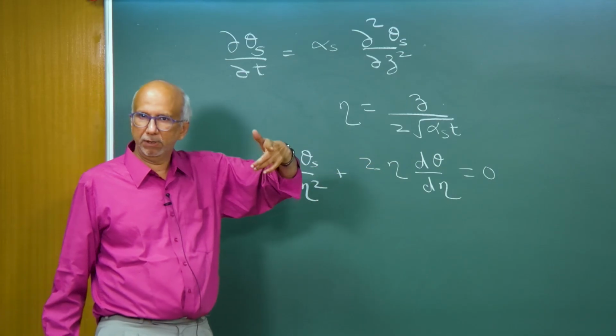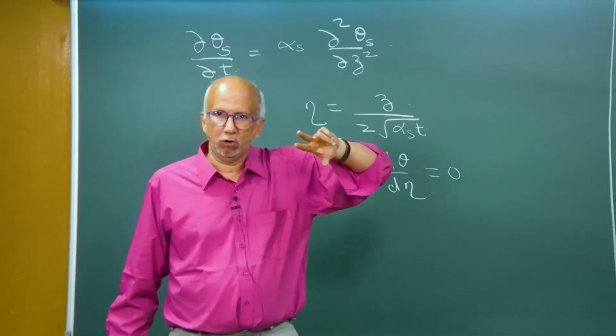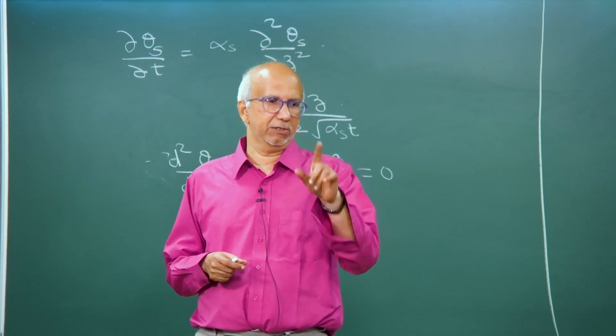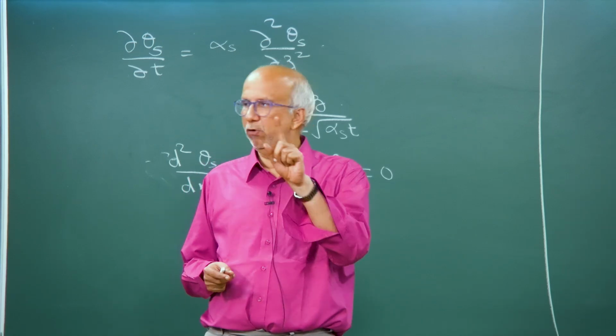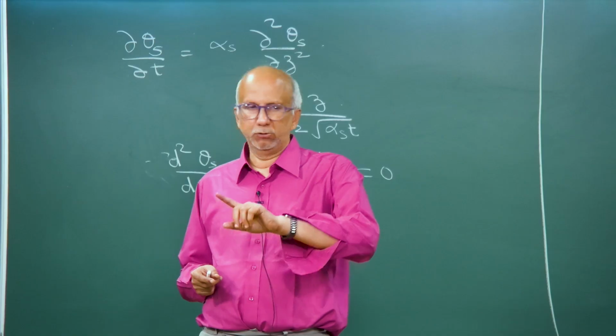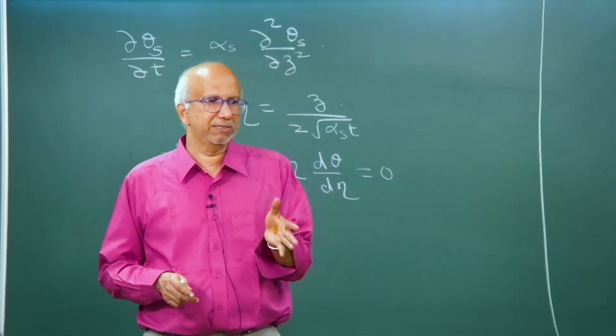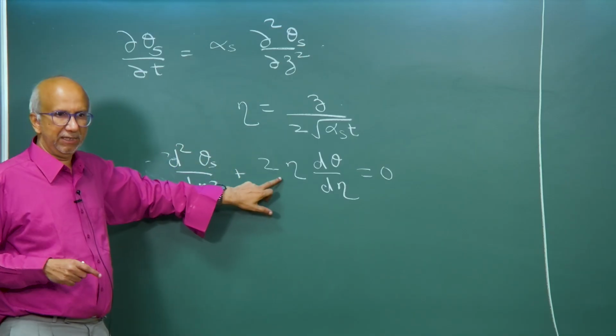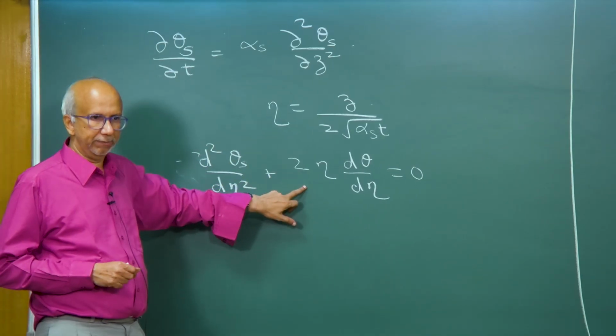If you remember, when I said there is an alternative method for finding this transformation, I assumed some g of t and we got an arbitrary constant. This arbitrary constant does not really change anything. The only thing is, in the earlier case we had only eta, now we have 2 eta.